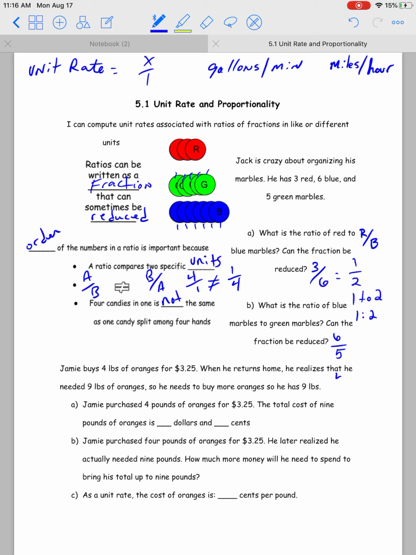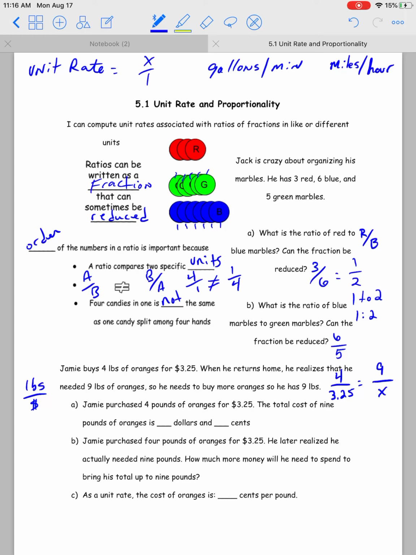So if you do 4 over top of $3.25, you could say that is equal to 9 over x. And if you look, what we have is pounds per dollar.